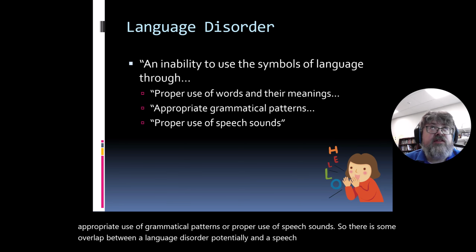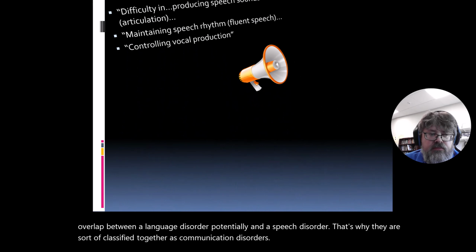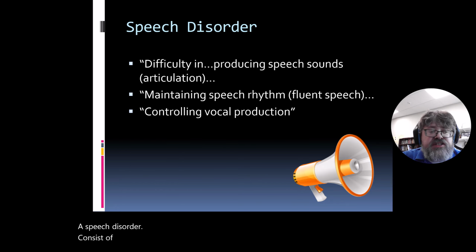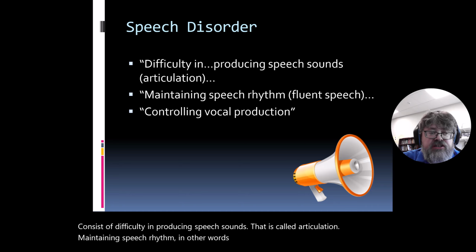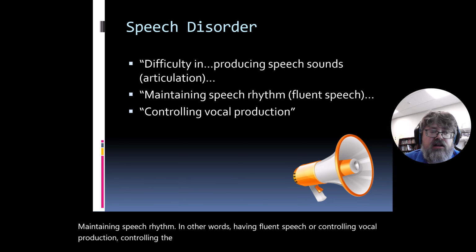That's why they are sort of classified together as communication disorders. A speech disorder consists of difficulty in producing speech sounds, that is called articulation, maintaining speech rhythm, in other words, having fluent speech, and or controlling vocal production, controlling the sounds coming out of our mouths.